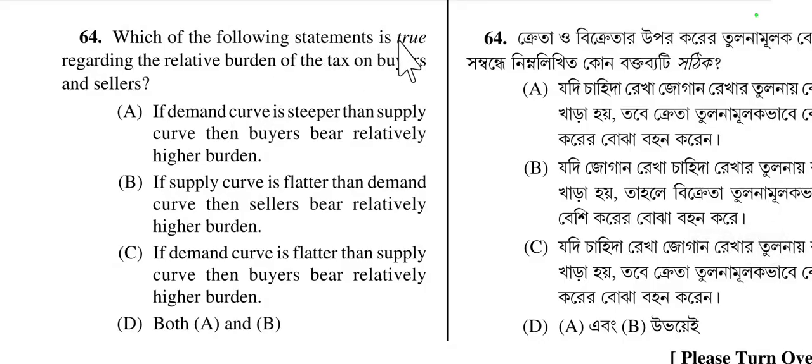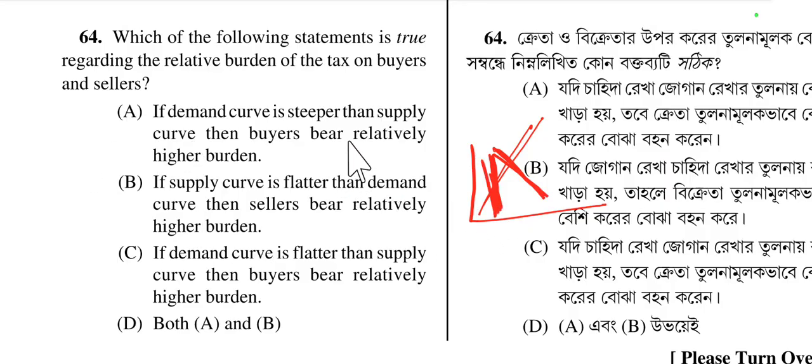Which of the following statements is true regarding the relative burden of the tax on buyers and sellers? So here statement 1 is, if the demand curve is steeper than the supply curve, this is the normal demand curve, this is a steeper demand curve.